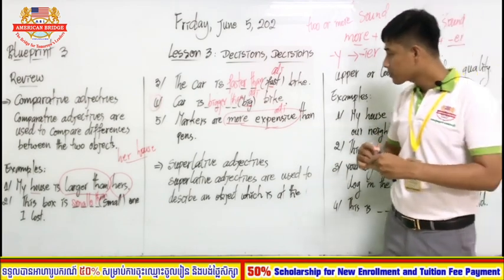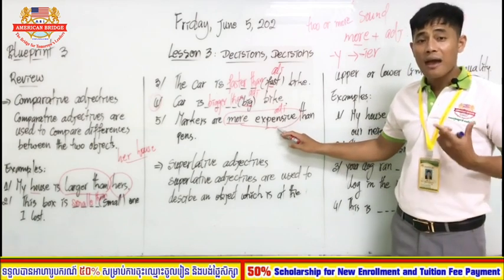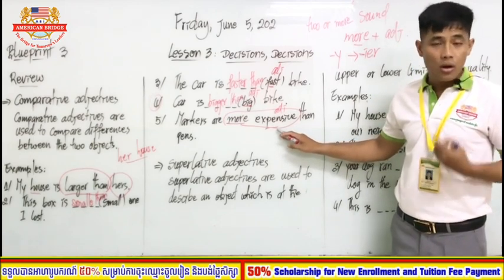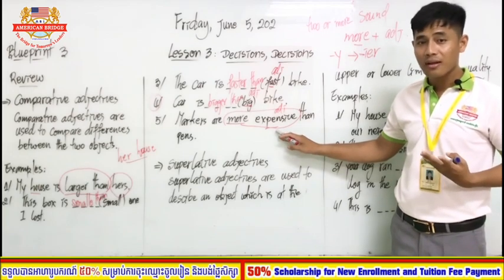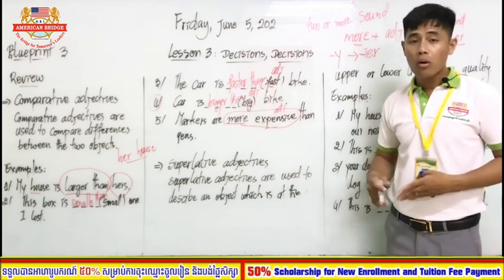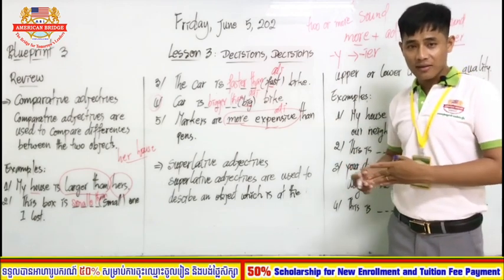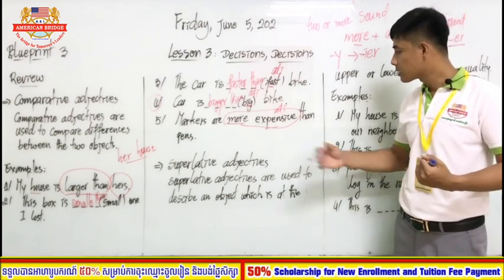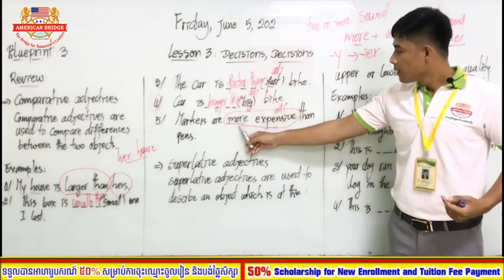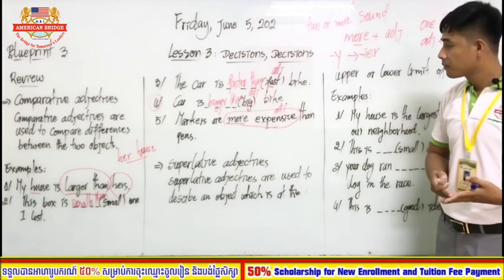Again, if that adjective has 2 or more syllables, we have to add more, to compare one thing with other things. Okay, good. So we have to add more before an adjective.